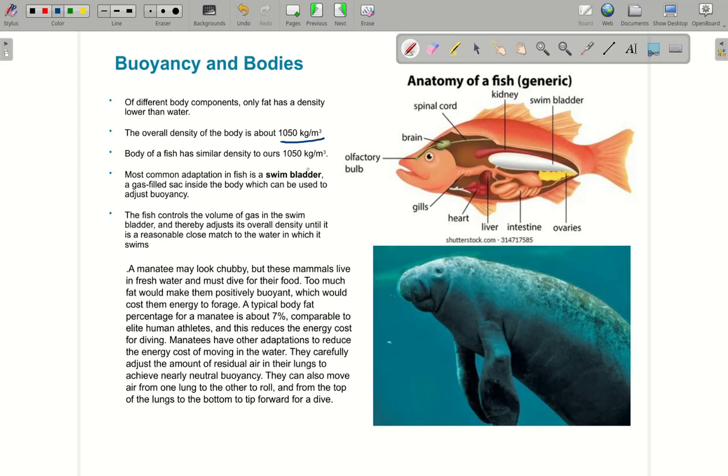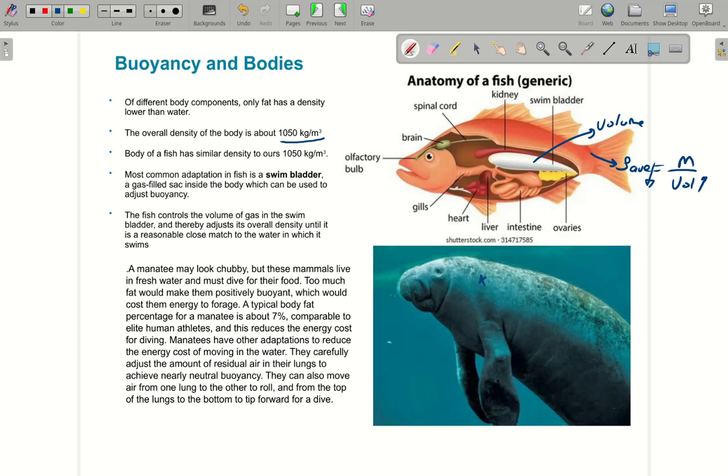What they have is what is called a swim bladder, and by increasing the volume of the swim bladder, they change their average density. Because density is mass divided by volume, they can't change their mass, but they can increase the volume of this bladder that has a gas in it, and if they increase that, they decrease the density and they float. If they want to go down, they decrease that volume.